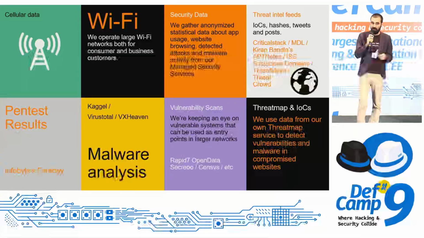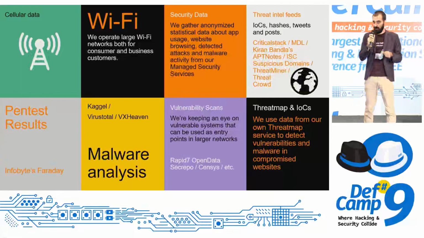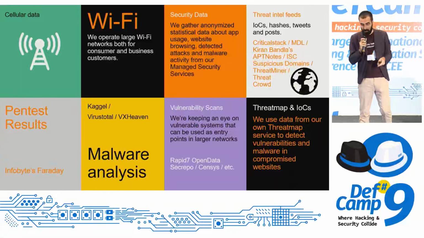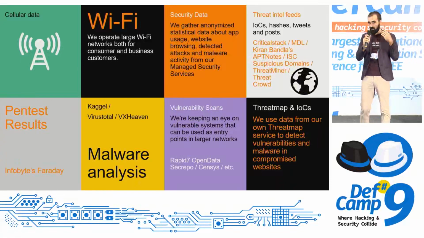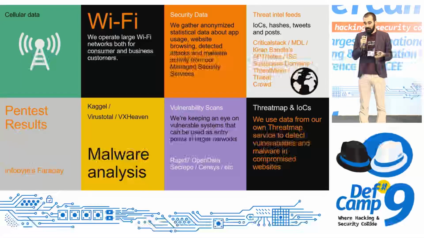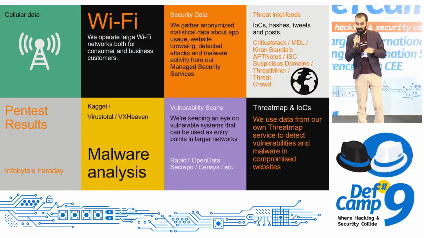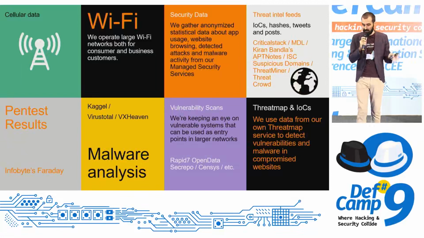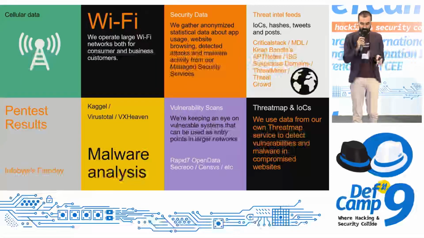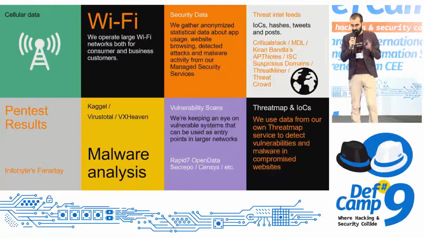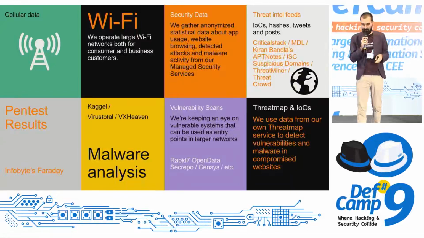And in the opening presentation earlier this morning, Christy showed you a threat map, one of our front ends to that platform. And we added some threat intel feeds. We are interested in ingesting everything from Critical Stack to APT Notes, Kiran Bandla's APT Notes, which is a terrific repository.